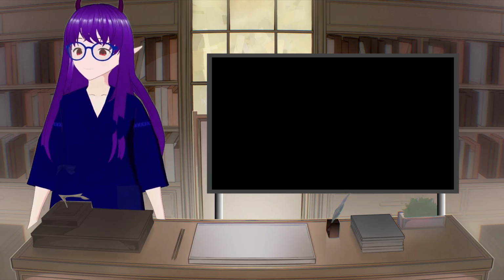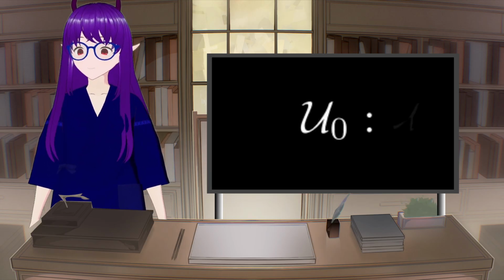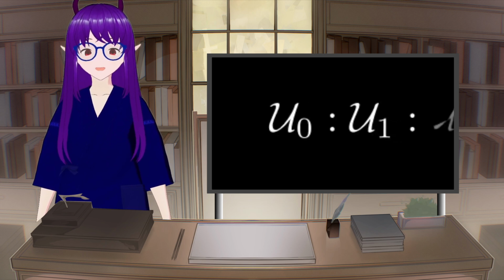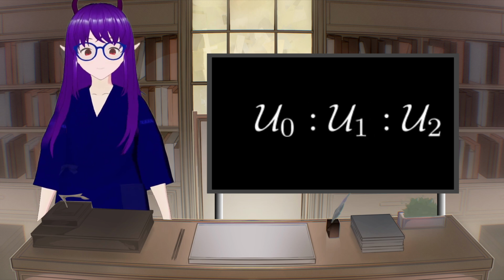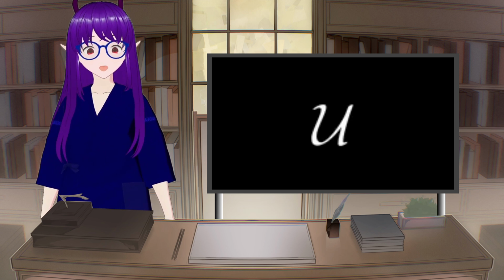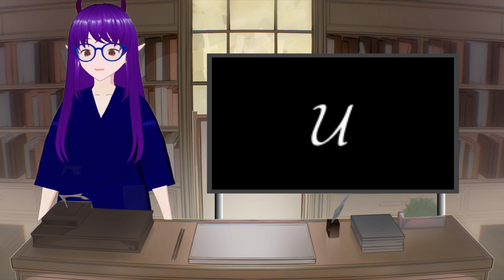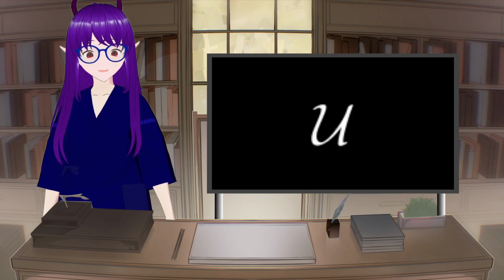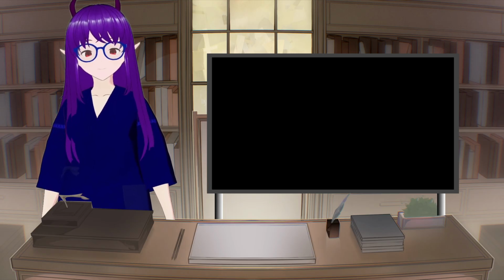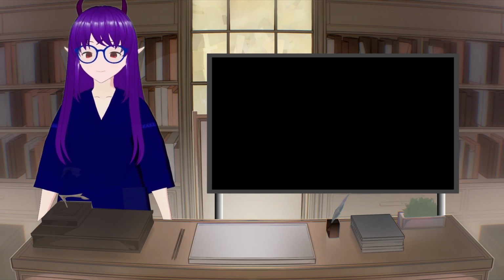The lowermost universe gets the subscript 0, and each universe goes up one subscript more. But for the most part, we just ignore all of that, and use U without a subscript to mean whatever universe makes this work.